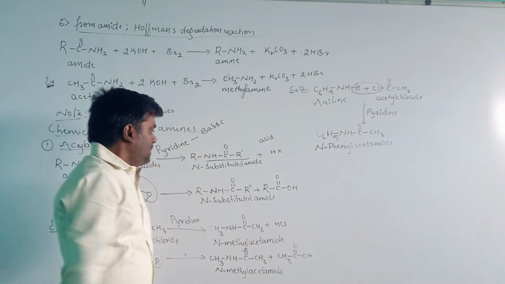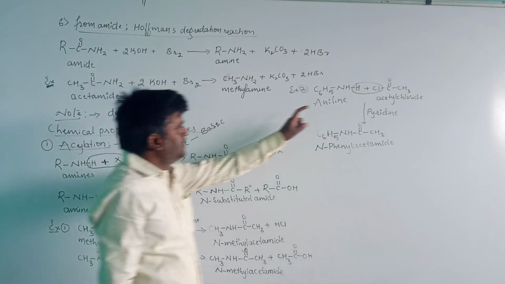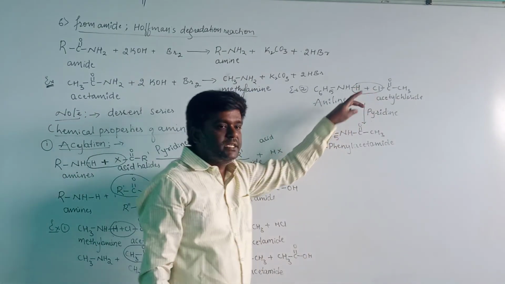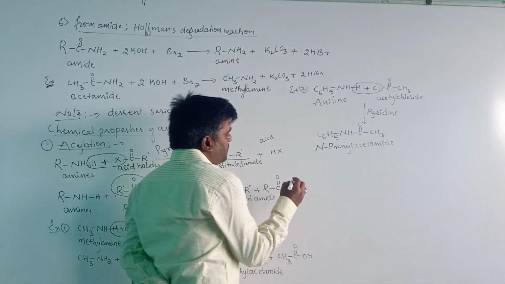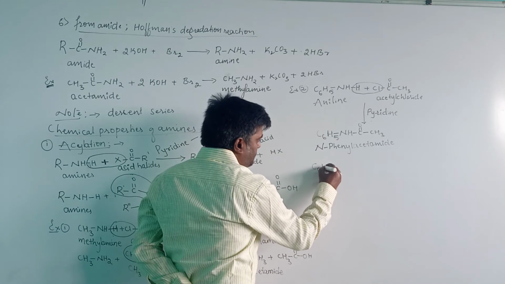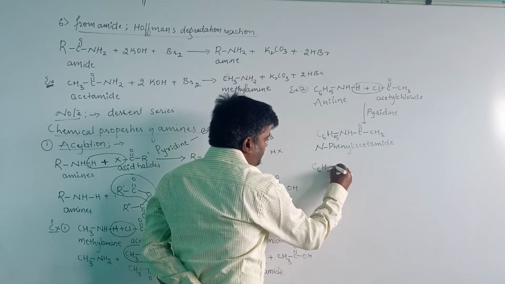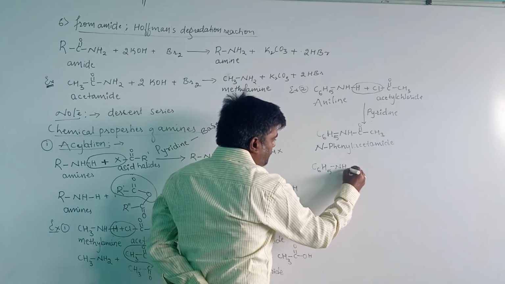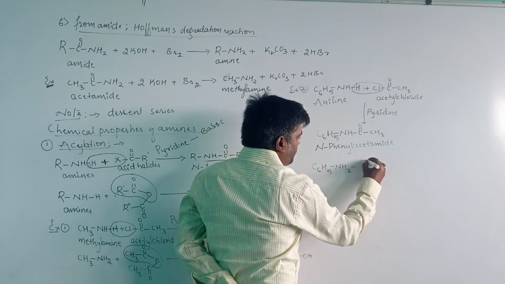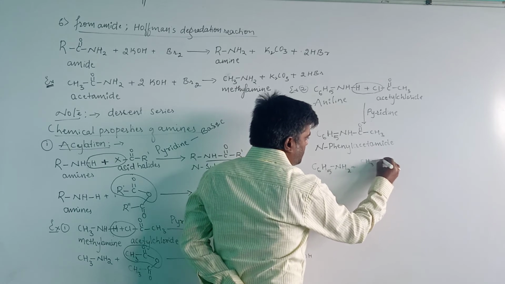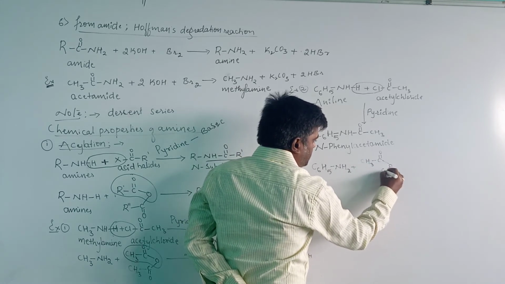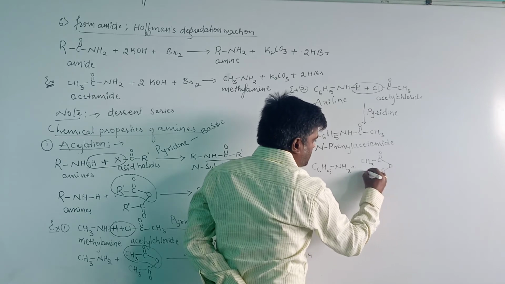Then in the place of acetyl chloride, we can take acetic anhydride. Now let us see what will happen when we take acetic anhydride. C6H5NH2, that is aniline, reacts with acetic anhydride, CH3-C double bond O, and C double bond O-CH3.